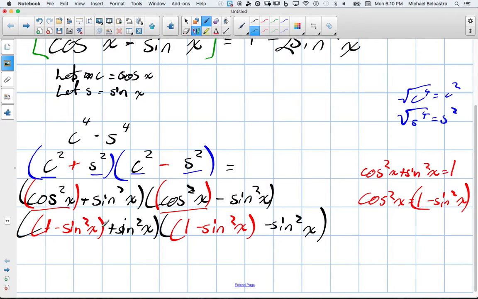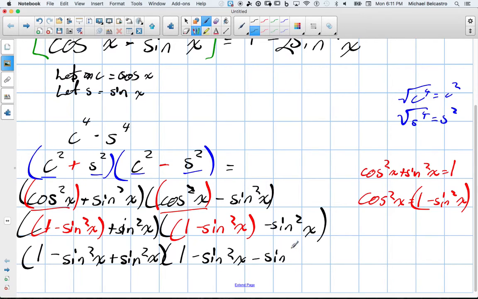We can drop the brackets because it's just addition and there's nothing to distribute. In the left bracket, the negative and positive sine squared x eliminate and create a 0, so 1 minus 0 is just 1. We just have 1 left in this bracket.